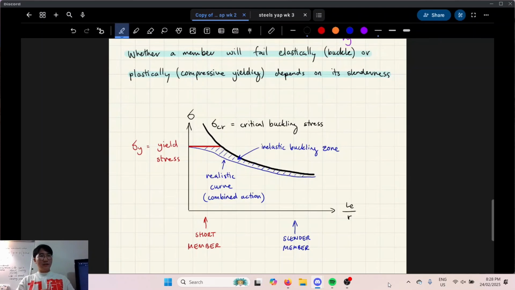However, if the member is too slender, it causes an early failure due to buckling. So it's an elastic failure. Imagine I had this wooden column, and it was more stubby, as thick in both directions, and I pressed down on it.